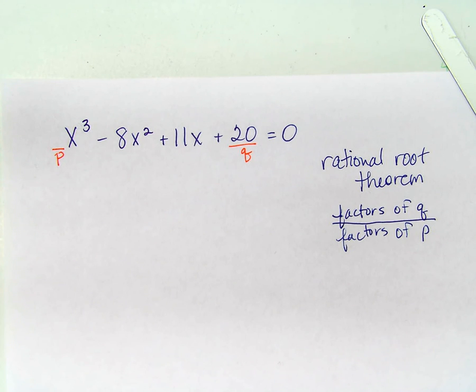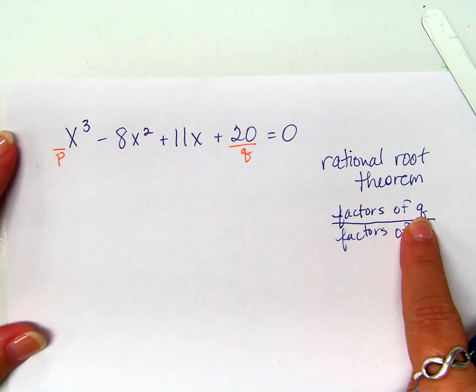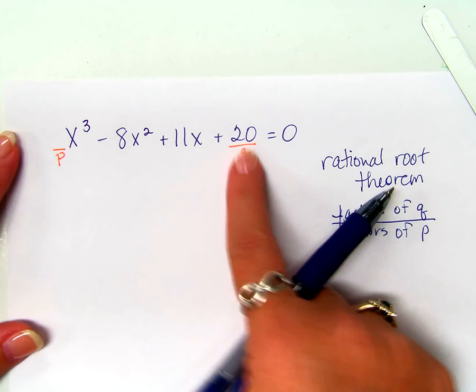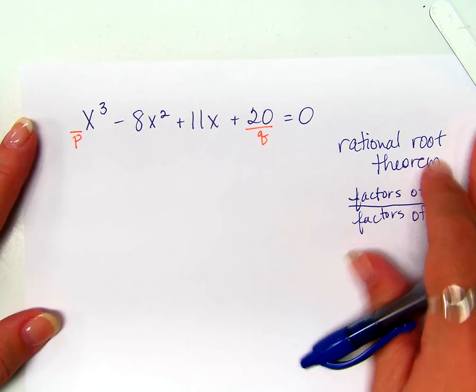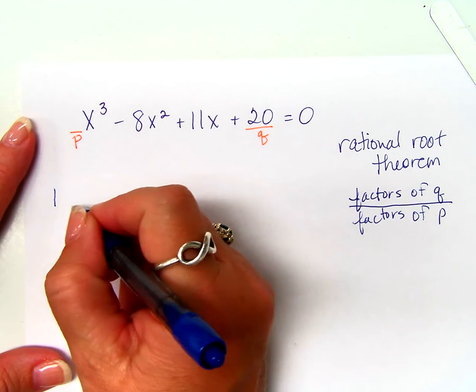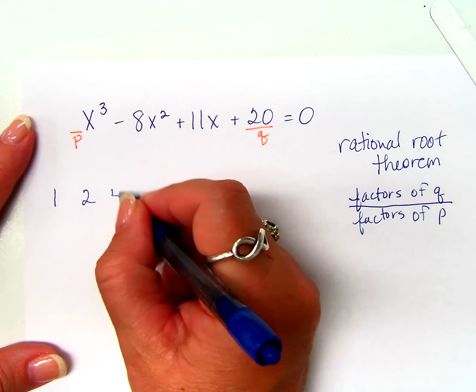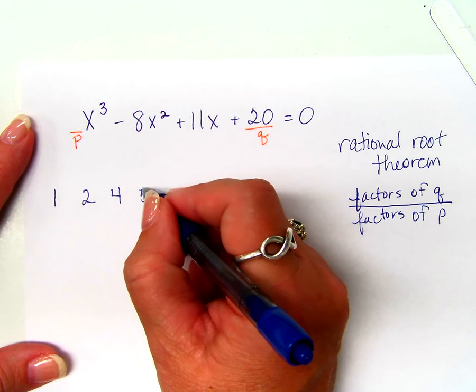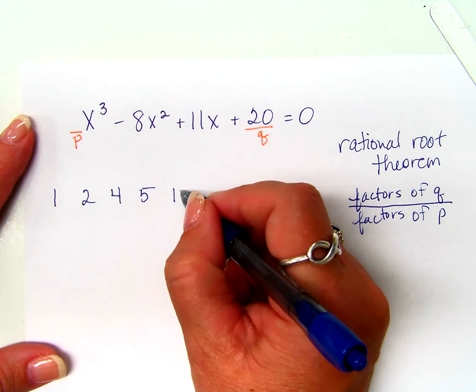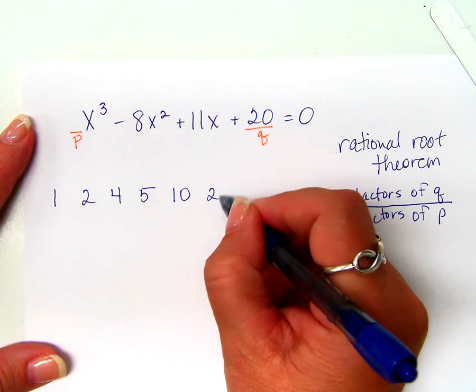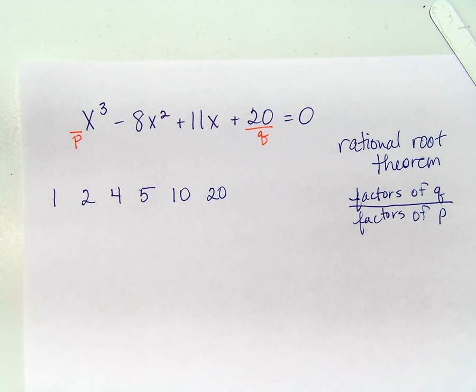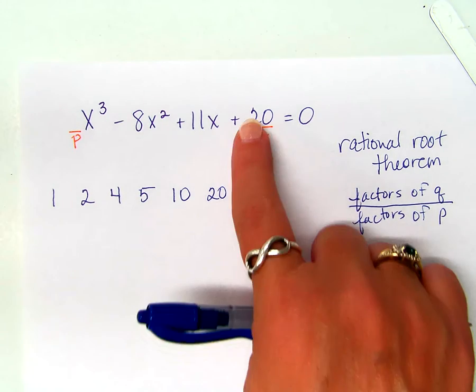So tell me, what are the factors of Q? What are the factors of 20? 1, 2, 4, 5, 10, and 20, right? Did I miss any? So I need a positive 20.